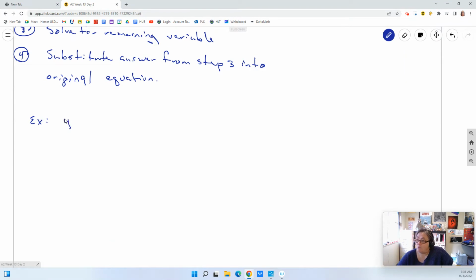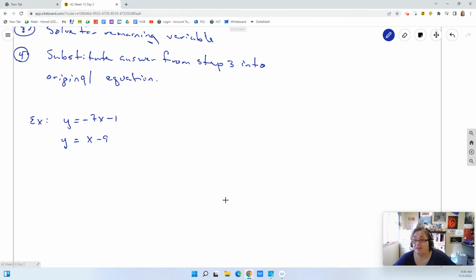We're going to start with our first example because, well, it'd be stupid to start with our fourth example. If I have y equals negative 7x minus 1, and I have y equals x minus 9. Now, our steps say that we're going to solve one of the equations for x or y. We're going to isolate the variable. But in this case, both of them are already solved for y.